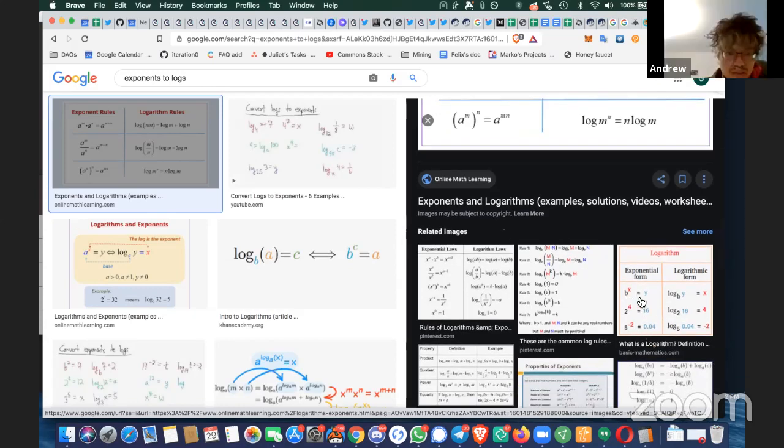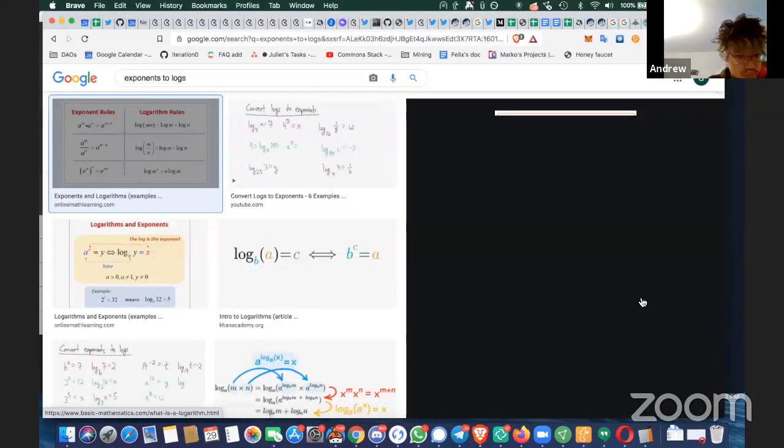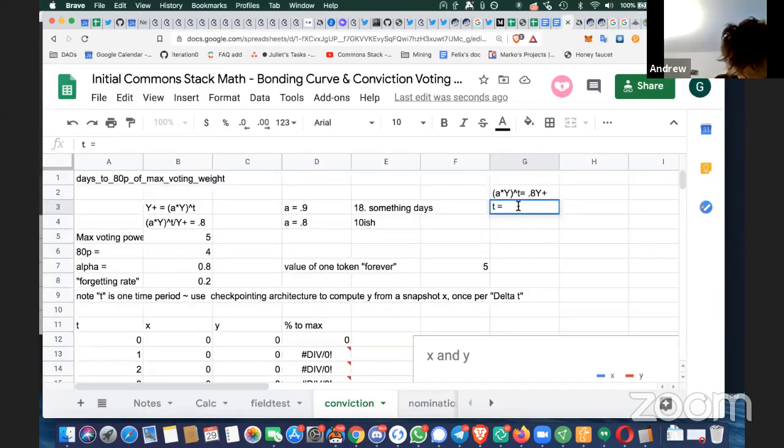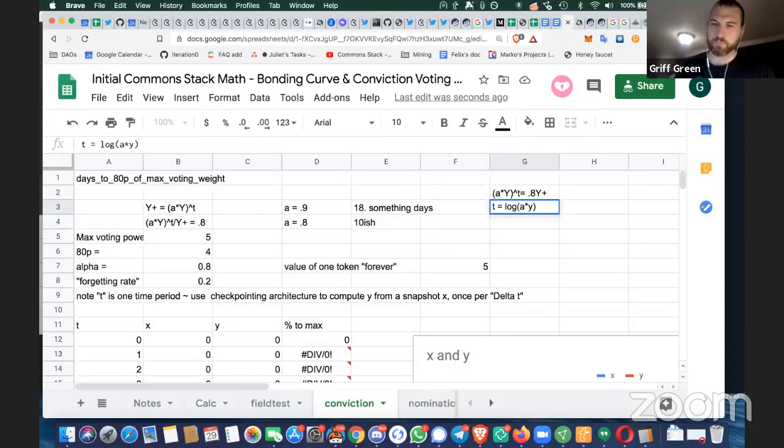Okay, here it is, it's this guy. So x equals log base b of y. So t equals log base b of alpha... 10 or what? Oh, okay, alpha times y. Yeah, that's the base.